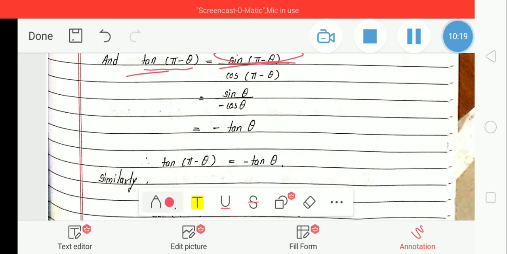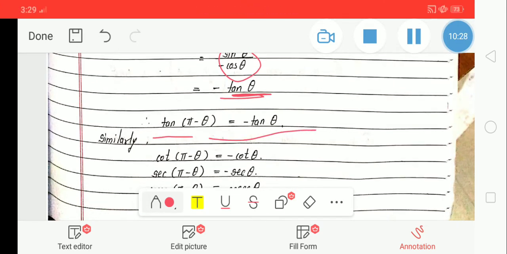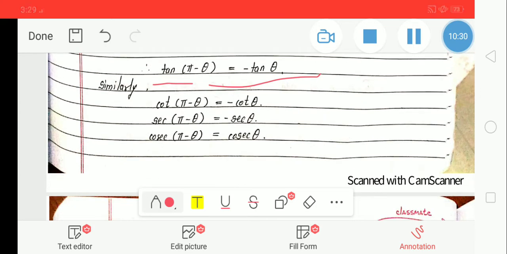So minus, and sin theta divided by cos theta means tan theta. So tan(pi minus theta) is equal to minus tan theta. So cot(pi minus theta) is equal to minus cot theta. Sec(pi minus theta) is equal to minus sec theta, and cosec(pi minus theta) is equal to cosec theta.